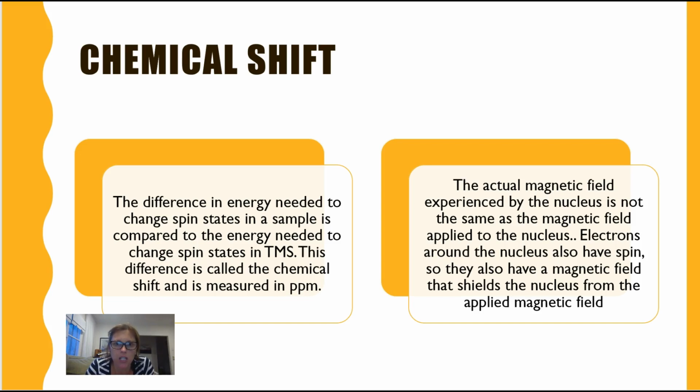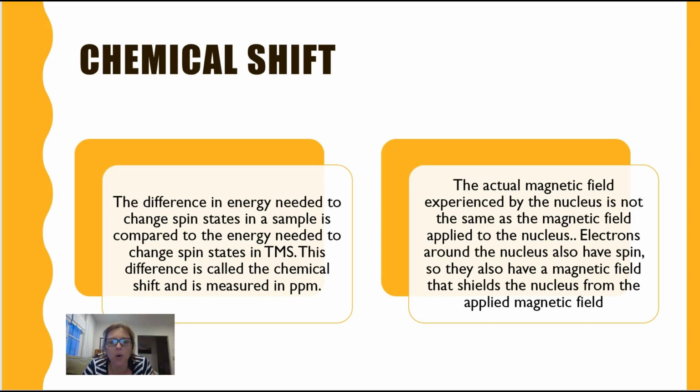So how much energy is required to change the spin from being aligned to not aligned with the direction of the magnetic field of the TMS, compared to how much of that energy is required to change the spin for the sample that we're looking at. And that difference is called the chemical shift. Now, it's measured in ppm. Sometimes we will see that lowercase delta sign being used as well, like a writing D, I suppose.